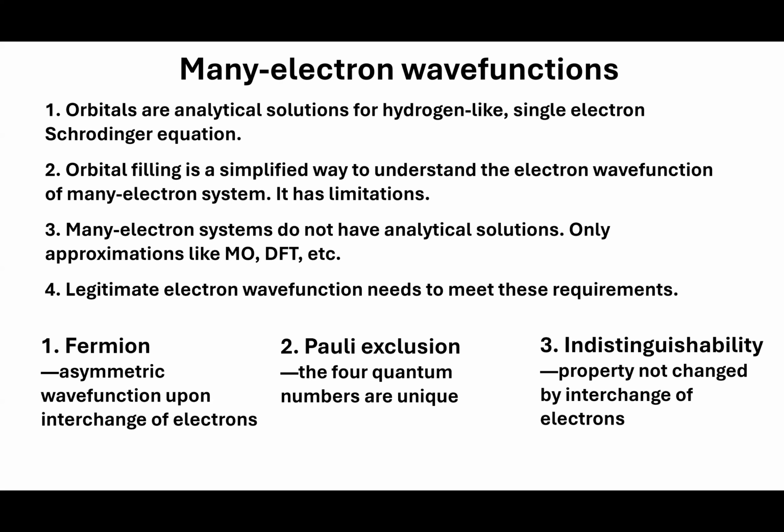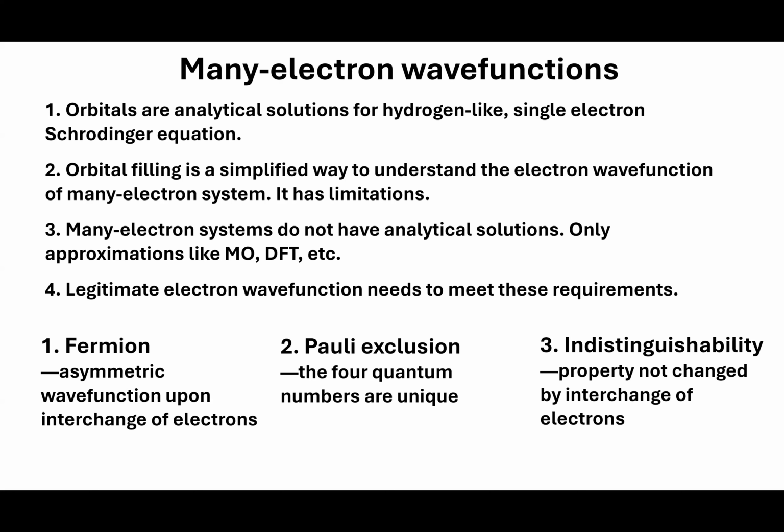If we cannot get an exact solution, how about we do an approximation? As a matter of fact, all the calculations we rely on, no matter whether it's molecular orbital theory or DFT calculation, are all based on approximation. We have to approximate in a certain way to get a solution as close as possible to the exact solution.